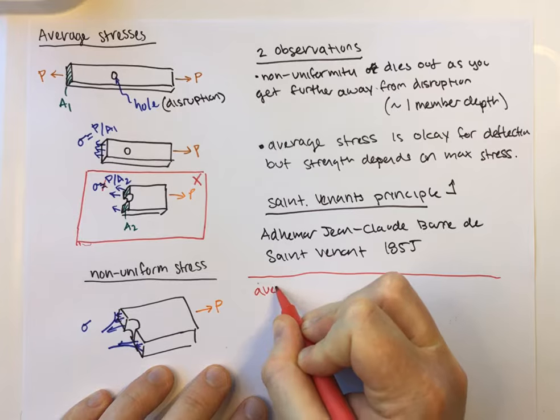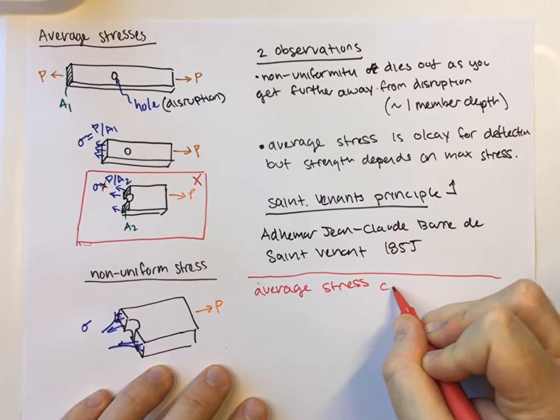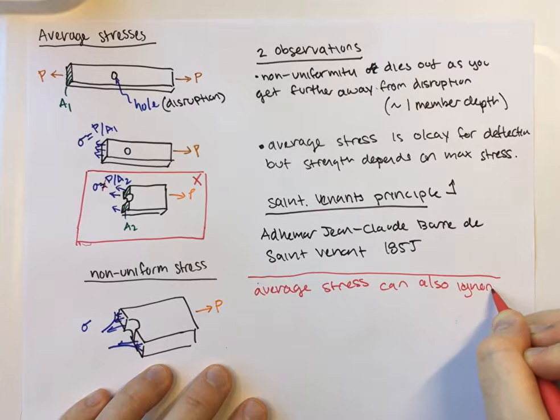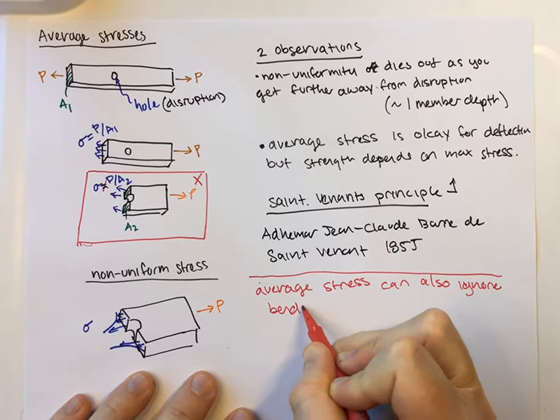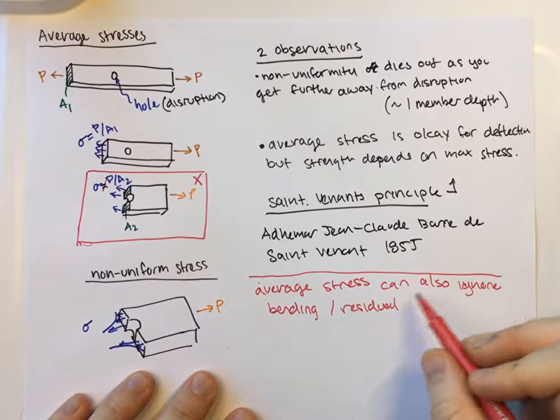So the other point I wanted to make about average stresses is that they can also ignore other types of stresses. So that would be bending, or maybe residual stresses from heating.